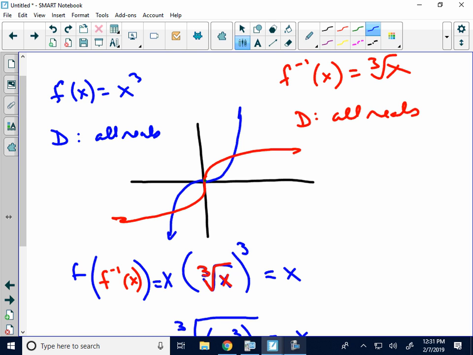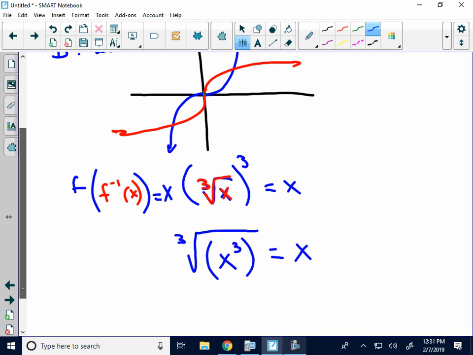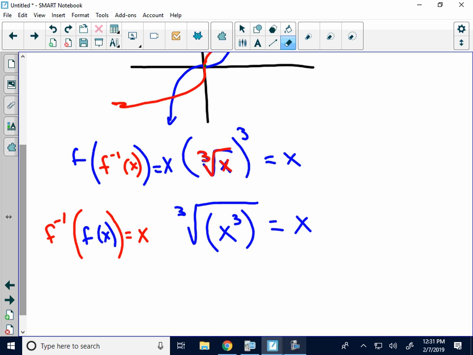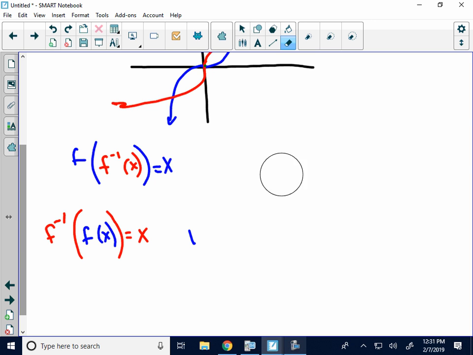And the second one, I'm doing the cubing function first. So this is saying f of x, and then on the outside, I'm taking the cube root. So f inverse of f of x will be x all the time. Okay? Maybe I just move these out of the way. There. So that's one of the results of having the domain being all reals.